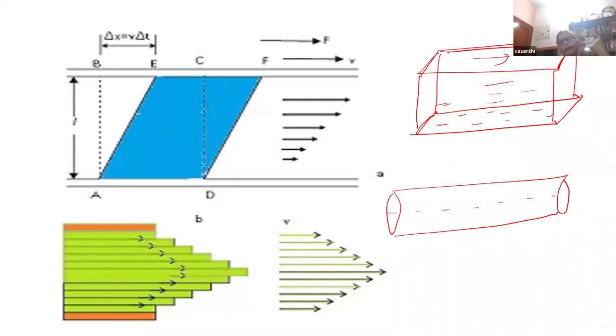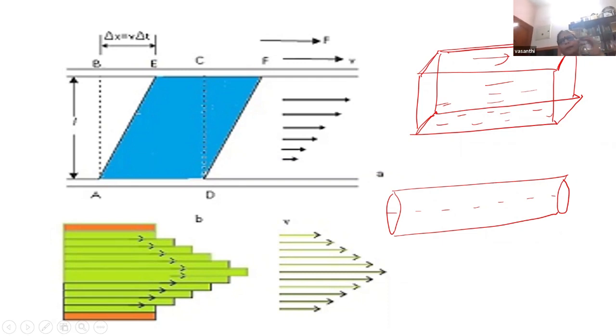The center, the axis. Because the layer in contact with the surface of the tube is at rest, isn't it? The tube is at rest. So the fluid layer in contact with the surface which is at rest will have velocity 0.